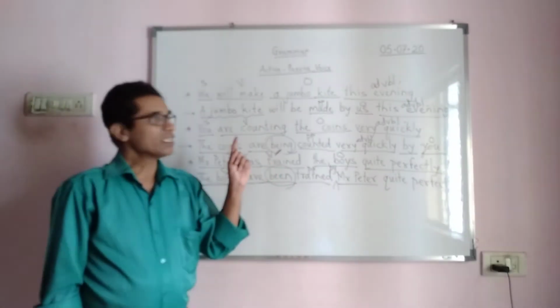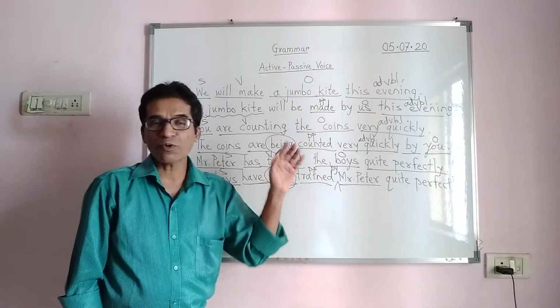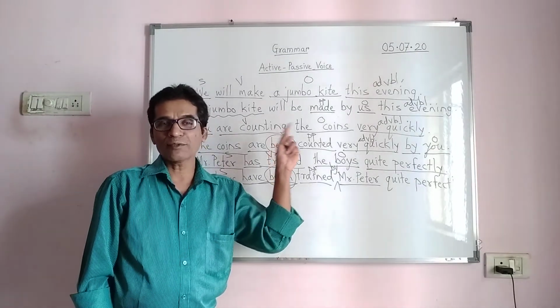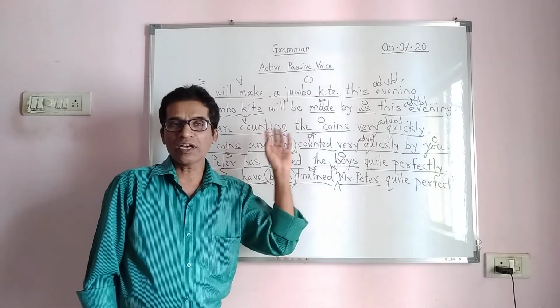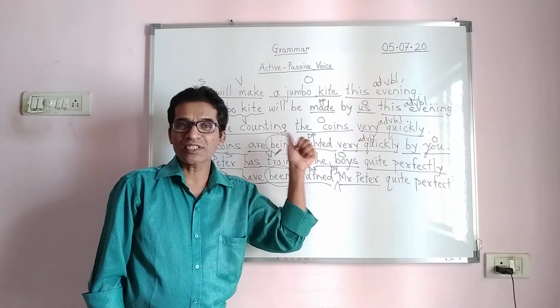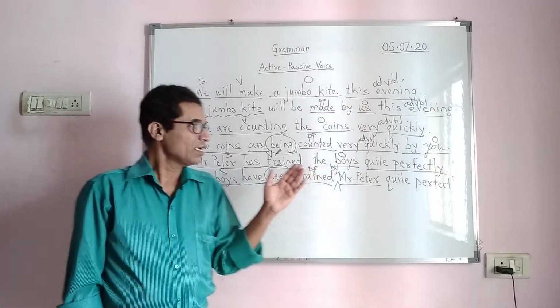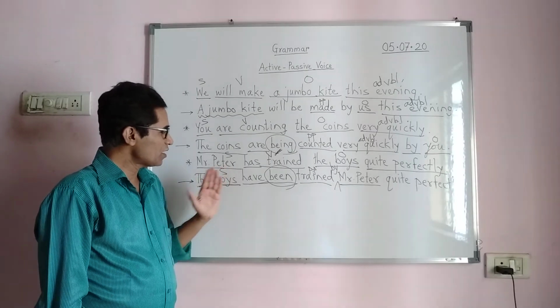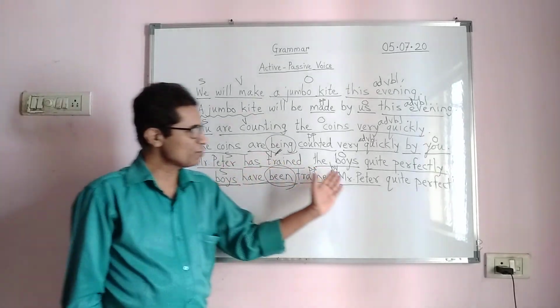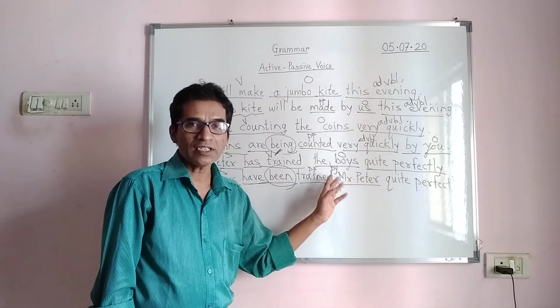In active, if the subject is a pronoun, in passive its objective form is taken, like I becomes me, we becomes us, you becomes you, they becomes them, he becomes him, she becomes her, it becomes it. But when the subject is a noun, then in passive it is kept after by. It is kept after by.